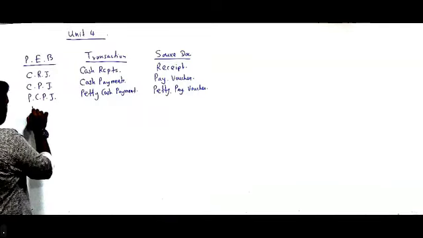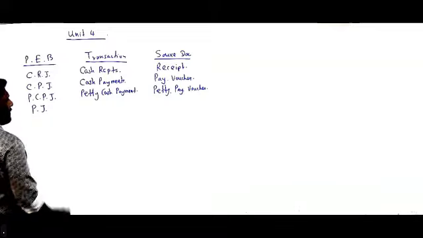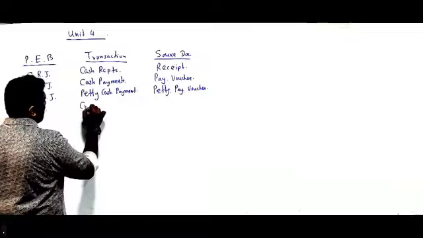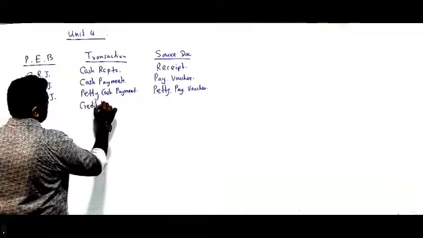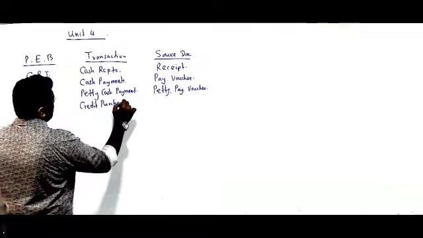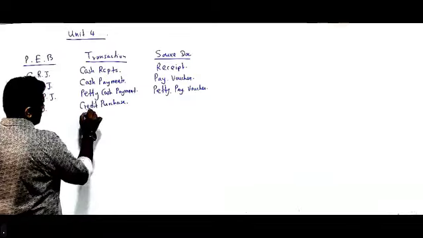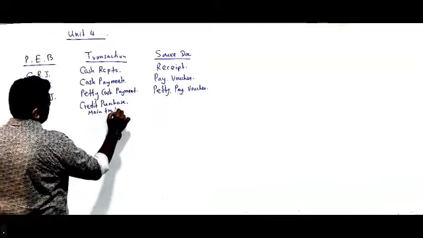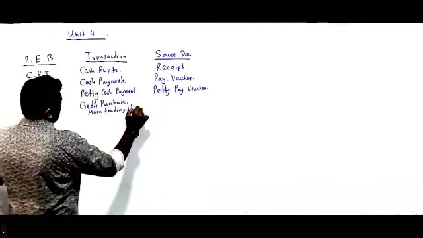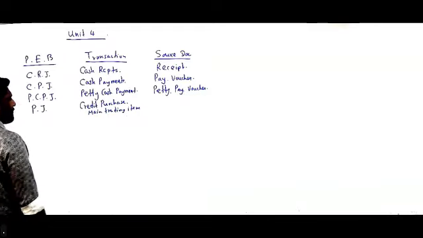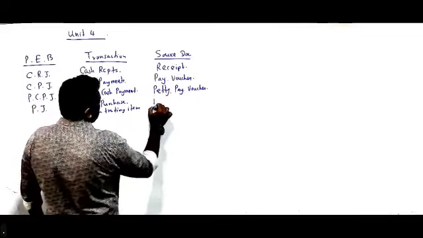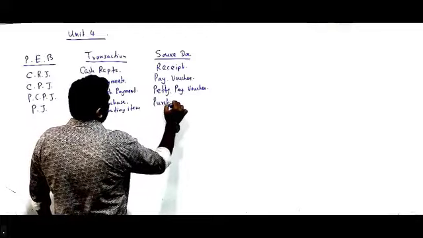Next one is the purchase journal. In the purchase journal, what are we recording, people? Credit purchases. Not all the credit purchases, but the main trading item, that means stock credit purchases. What's the source document? Purchase invoice.